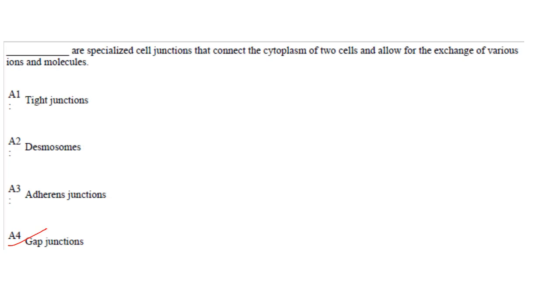Next one, dash are specialized cell junctions that connect the cytoplasm of two cells and allow for the exchange of various ions and molecules. So they are gap junctions. Gap junctions allow the exchange of various ions and molecules. So answer is option 4.